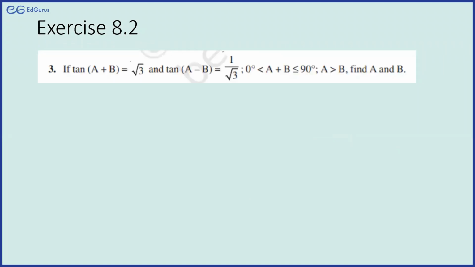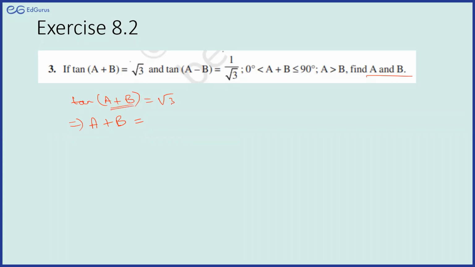Let's move forward. If tan of A plus B equals root 3 and tan of A minus B equals 1 by root 3, then find the values of A and B. It's similar to what we did in an example. Tan of A plus B is root 3. What should A plus B be?